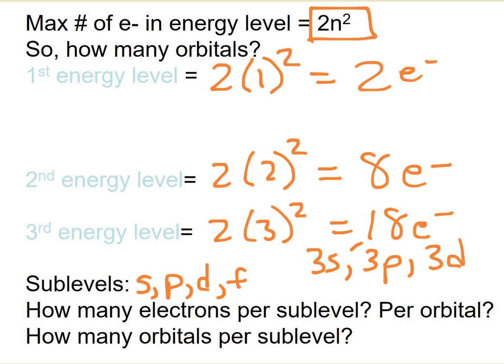And how many electrons are in each sublevel? Well, you just count the electrons in each block. How many orbitals per sublevel? So you divide by 2. So I would have 1 in the s, 3 in the p, 5 in the d, and 7 in the f.